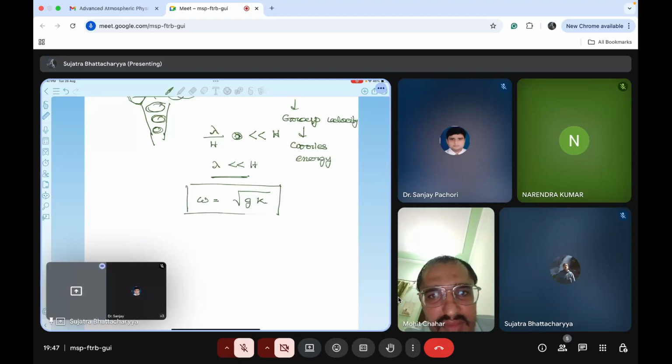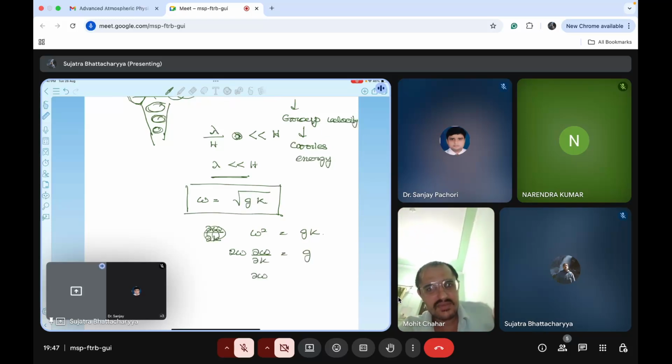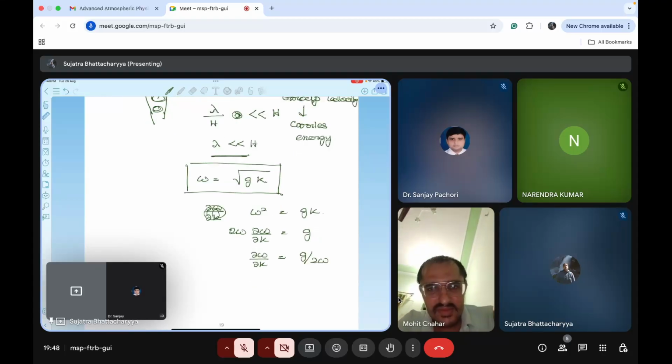Now, if you do d omega by d k, you will get some expression. You can try that: omega squared is equal to gk, so 2 omega d omega is g dk, so d omega by d k is equal to g by 2 omega.